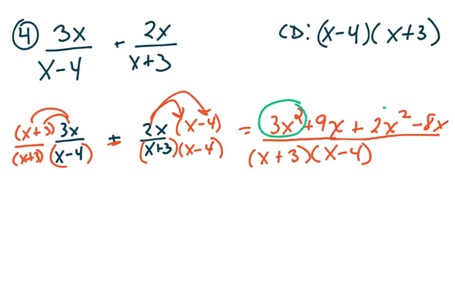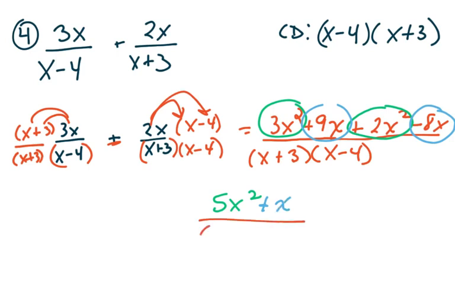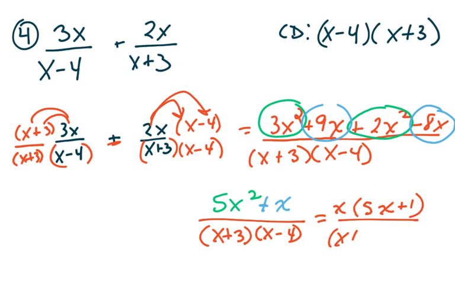We have 3x squared plus 2x squared, so that's 5x squared. And then we'll have plus 9x minus 8x, so that's plus 1x, all over, keep that denominator as is. The numerator also has a GCF, so factor out that GCF, which is x. And then you're left with this.